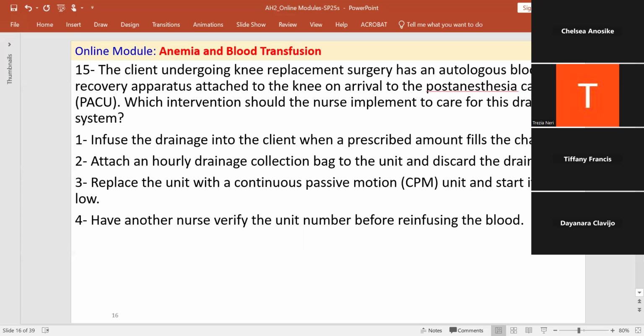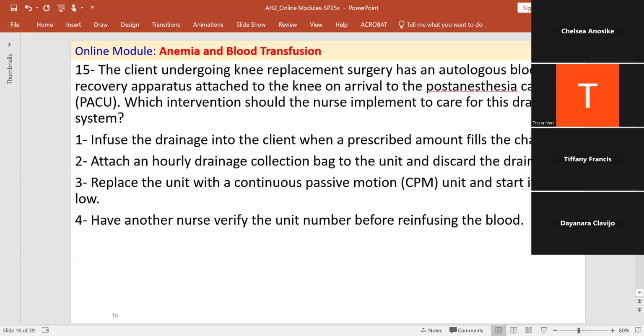It's a process, an apparatus, a device and a system, rather than giving the client donor blood product. They will be reusing the patient's own blood product. So the cells are washed with saline and reinfused through the filter into the client or patient again.